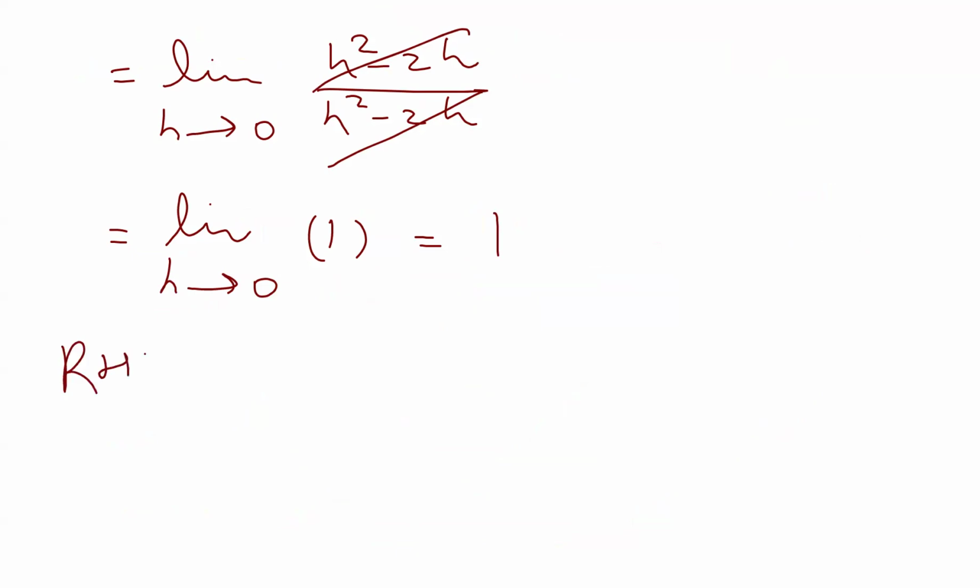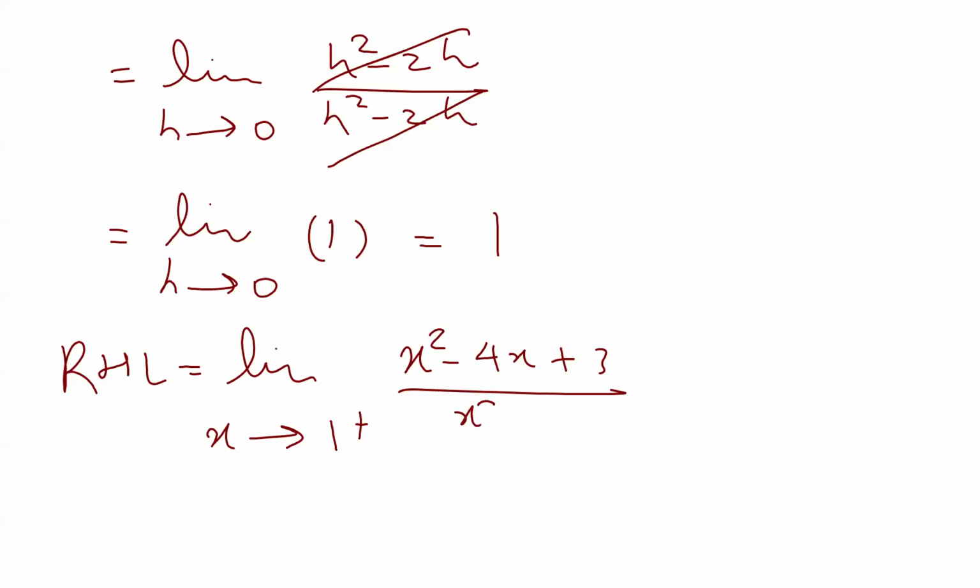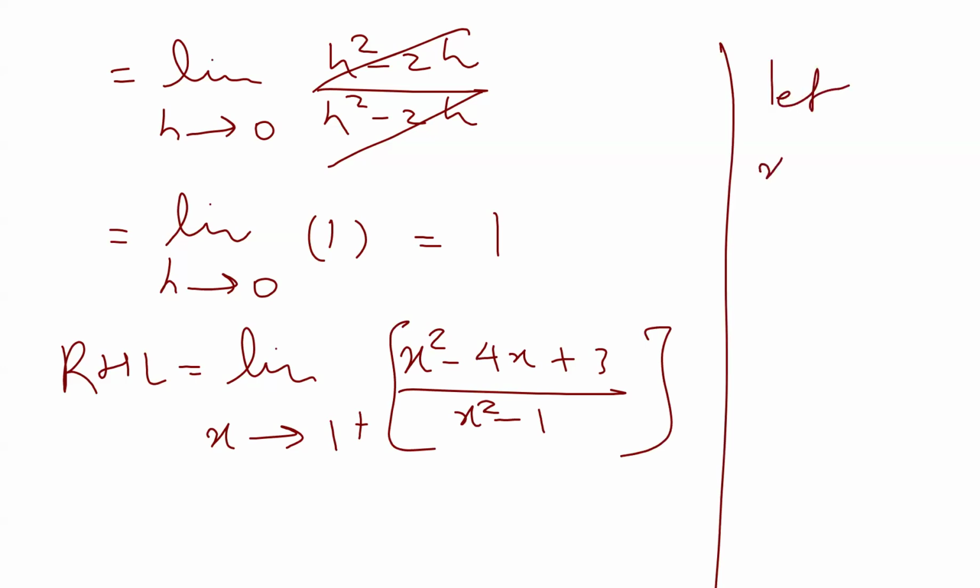Now the right hand side limit, limit x approaching 1 plus, x square minus 4x plus 3 upon x square minus 1. So let x is equal to 1 plus h this time for RHL. As x approaches 1, h will also approach 0.